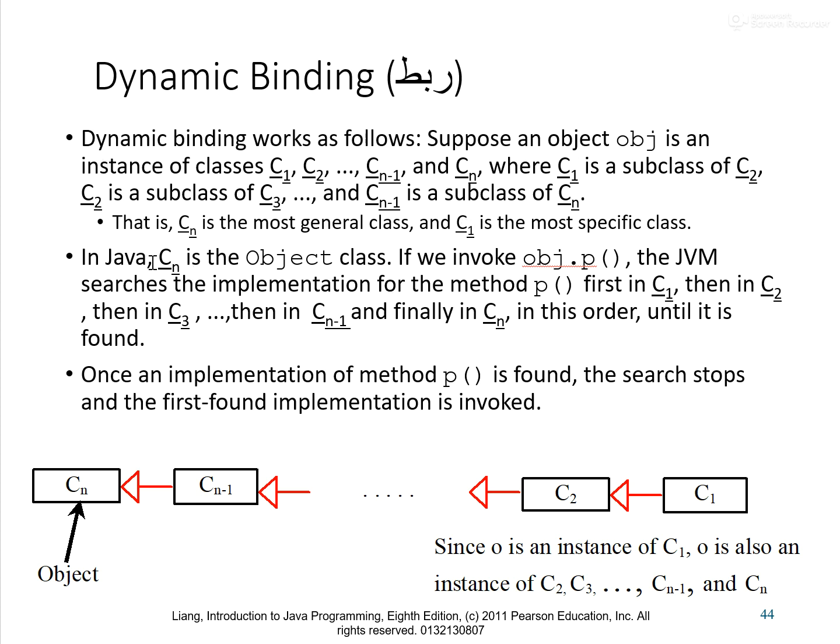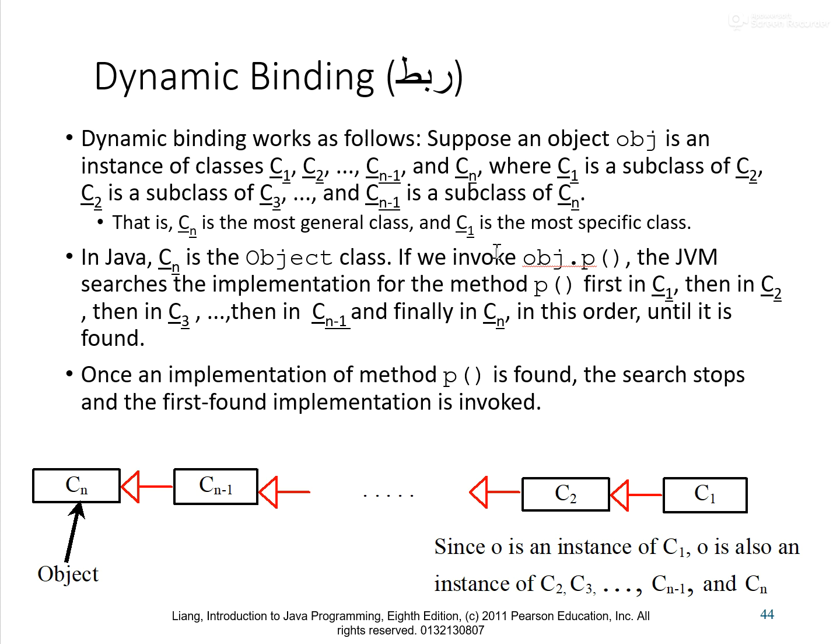Let's say we create an object obj of class C1, and we call obj.p, calling the method p on the instance obj.